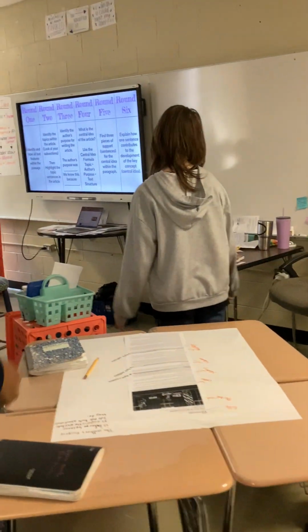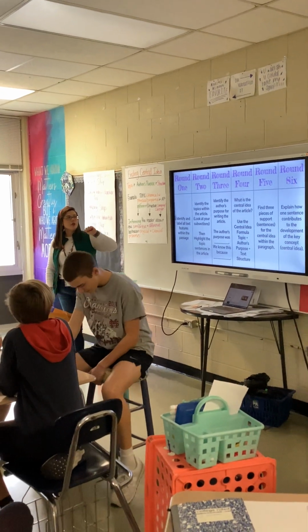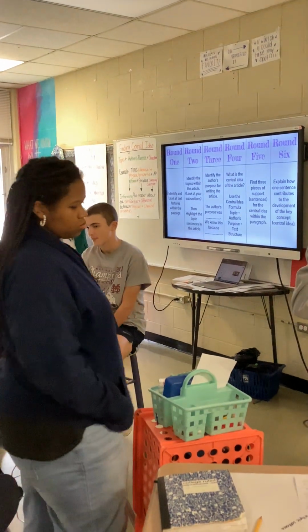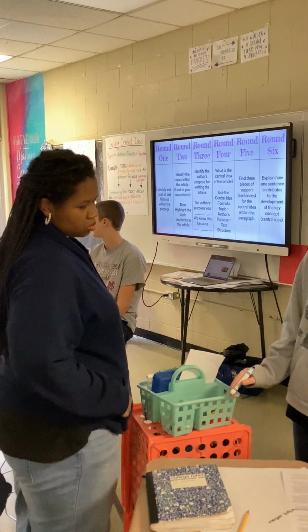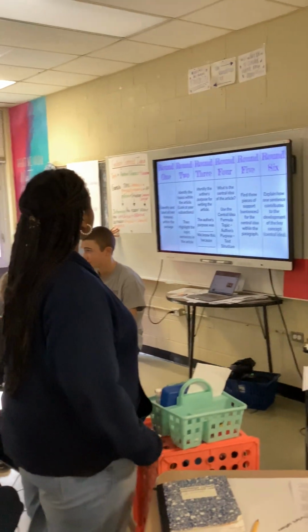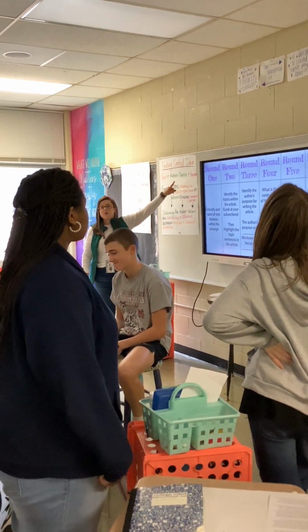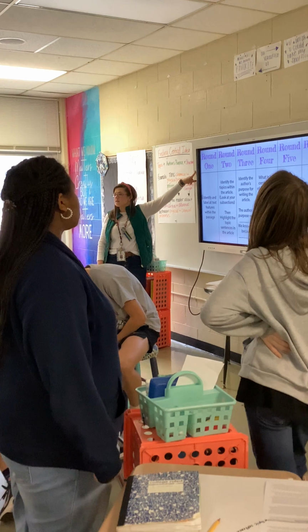Alright. Round 4. What is the central idea of the article? To find the central idea, we're going to use our central idea formula. So the topic plus the author's purpose plus the structure, we're going to get our central idea.